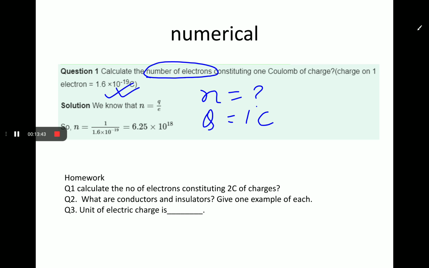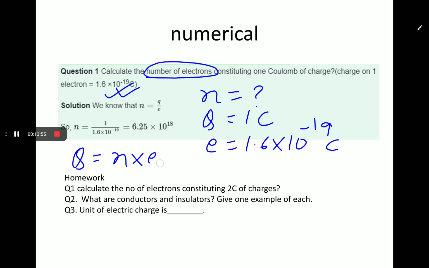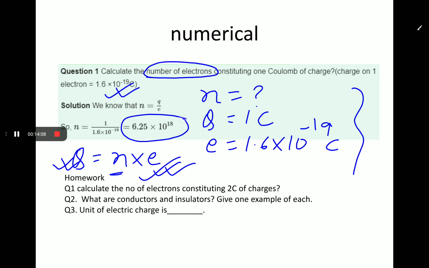We have to find the number of electrons, so you use the formula Q = ne. Here e is given and the total charge is also given. You can simply put all the given quantities in this formula and calculate n. That comes to 6.25 × 10^18. It means in 1 coulomb of charge, 6.25 × 10^18 electrons are present.